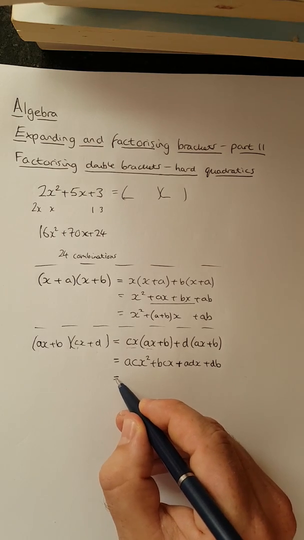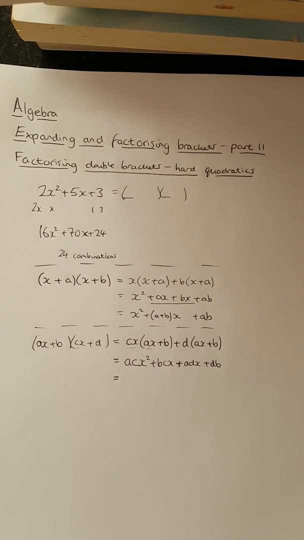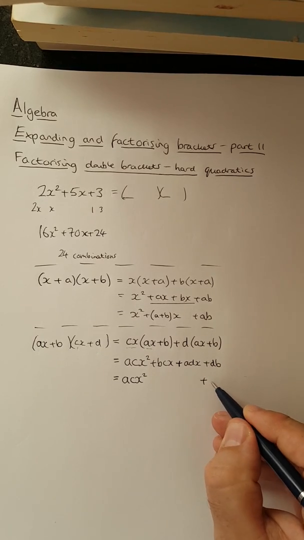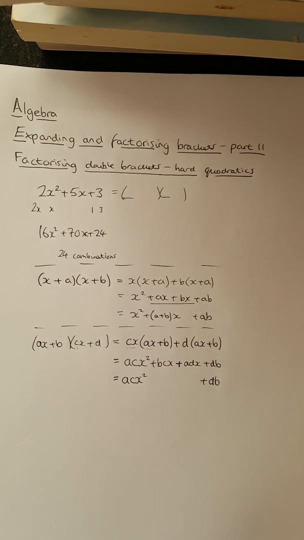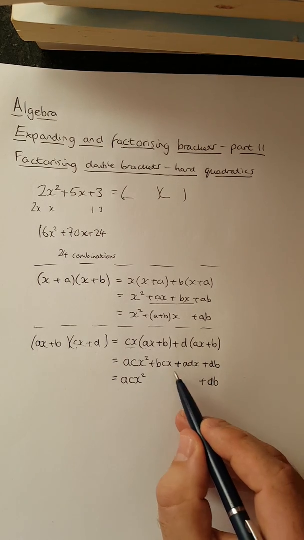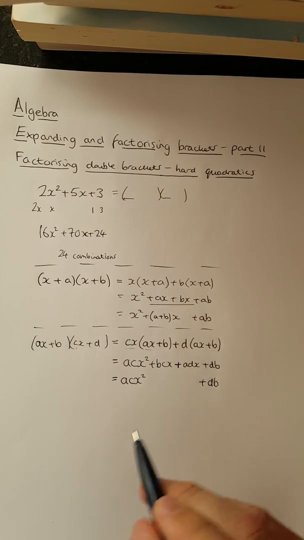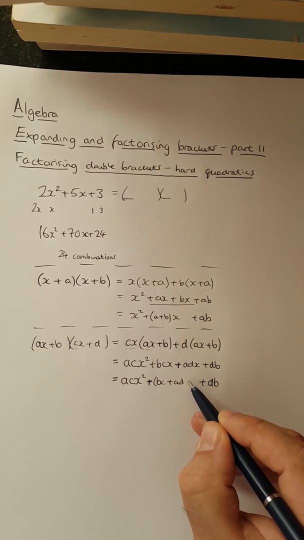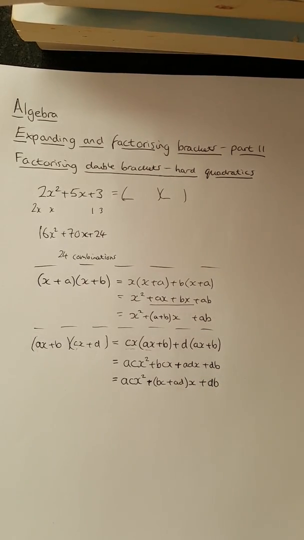And then we're going to have a look and see what we can do with this. So we've got one x squared term, so that's going to stay as it is, and one number term, because remember that d and b are just numbers, so this is just a number. Now, these are both x terms. If this was 2 and this was 5, you would add them. So we're going to add bc and ad and get how many lots of x we have in total.